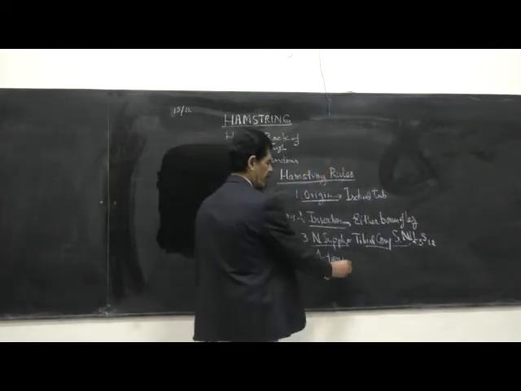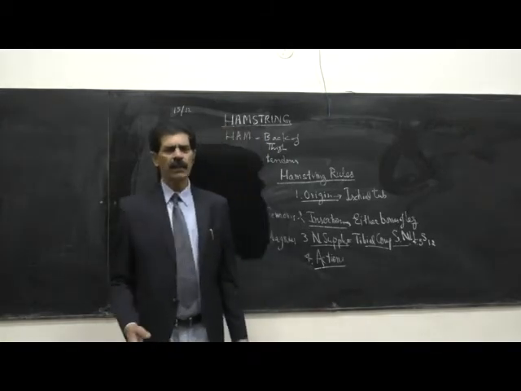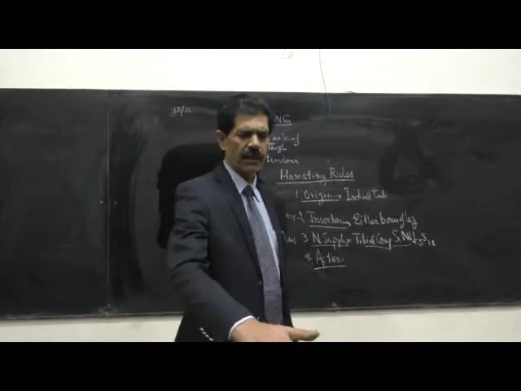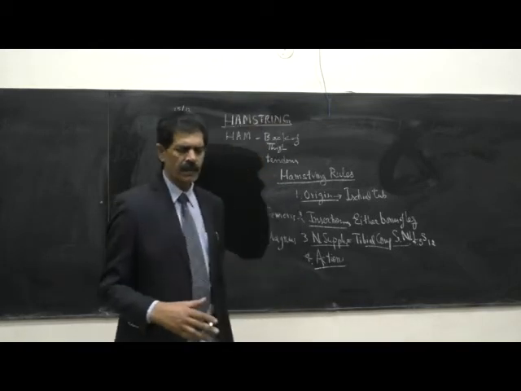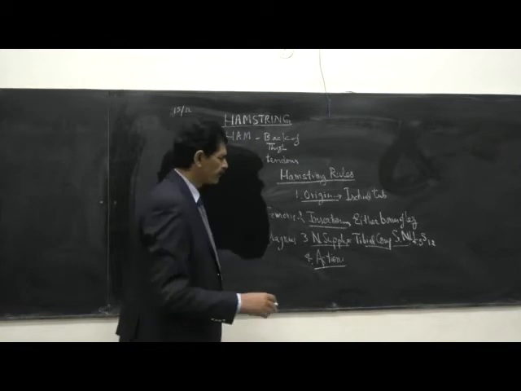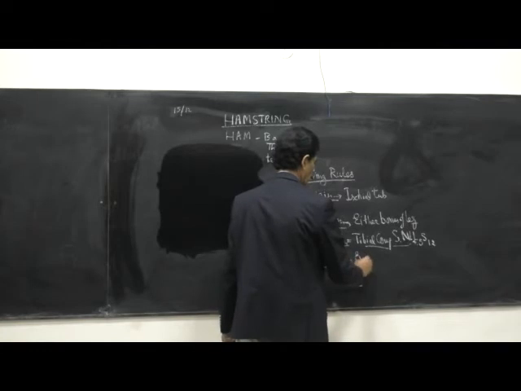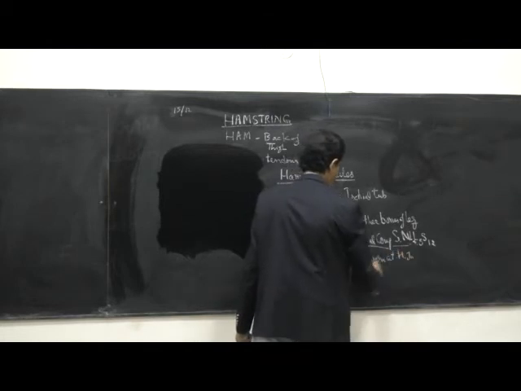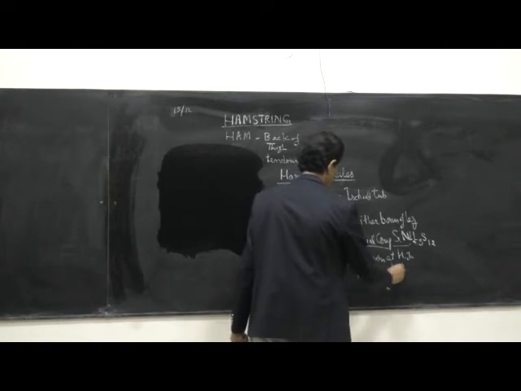Then action. All these 4 muscles have got the same action. They act on 2 joints, they cross the 2 joints. One is the hip joint, another is the knee joint. So when they contract, they bring about extension at the hip joint, and they are flexors at the knee joint.